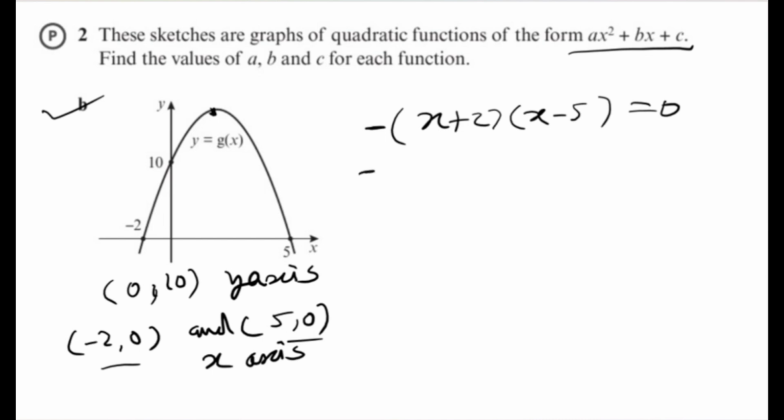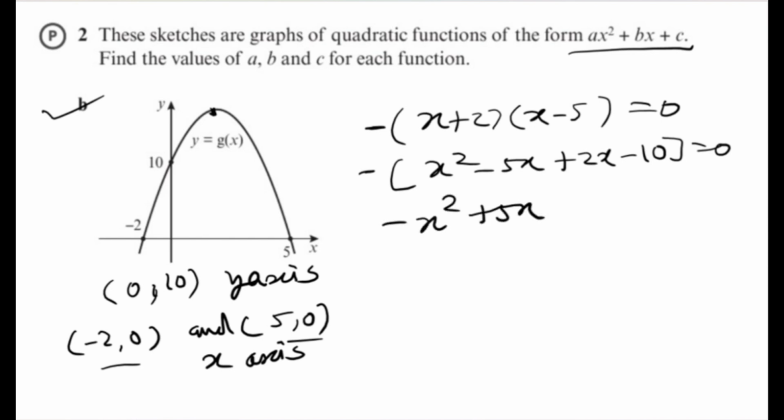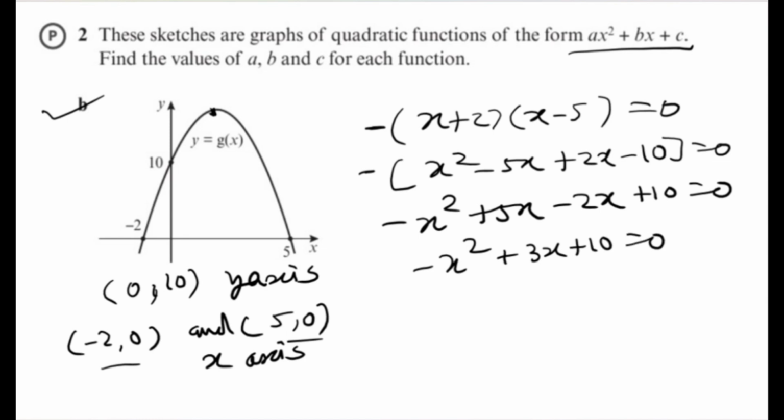Now expand the bracket. So x squared minus 5x plus 2x minus 10 equal to 0. Multiply the whole bracket with a minus sign. So minus x squared plus 5x minus 2x plus 10 equal to 0. So minus x squared, 5x minus 2x will give me plus 3x plus 10 equal to 0.